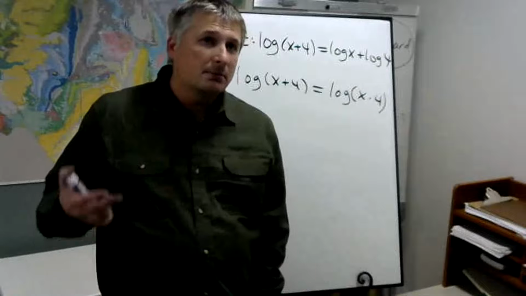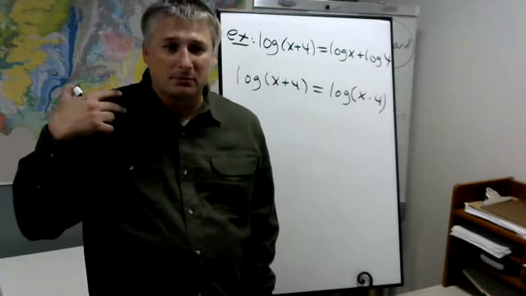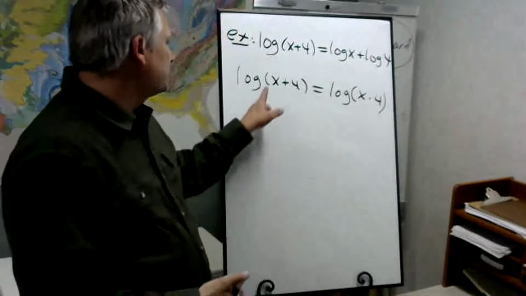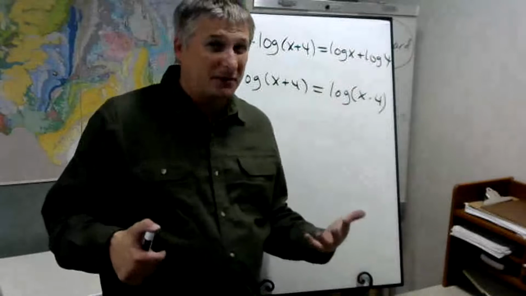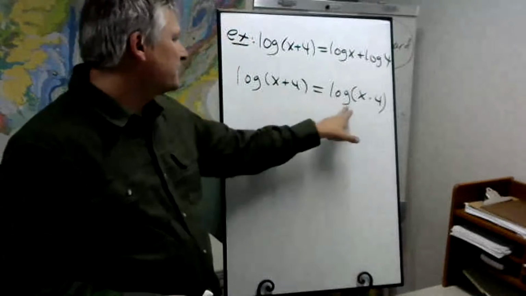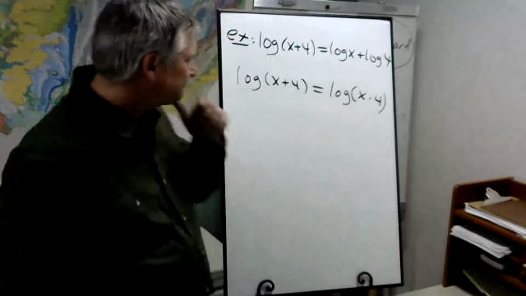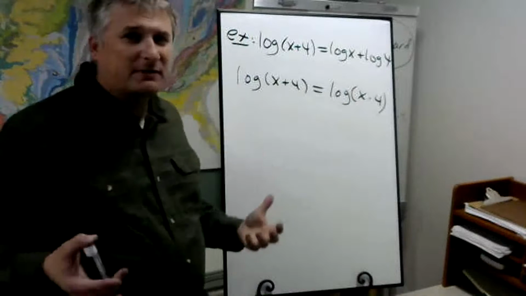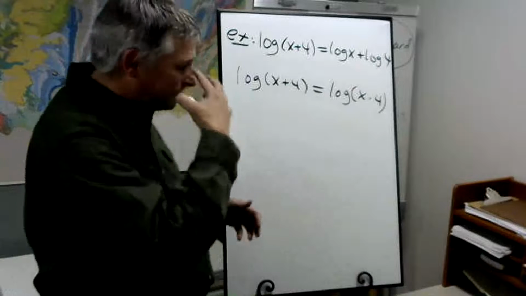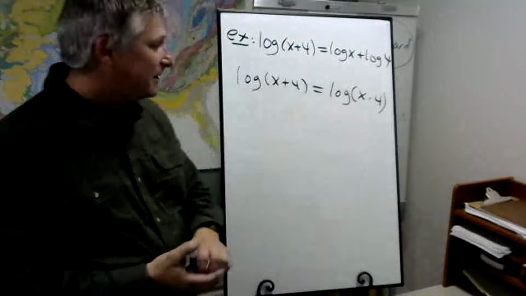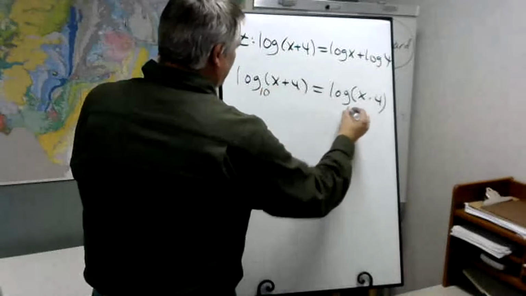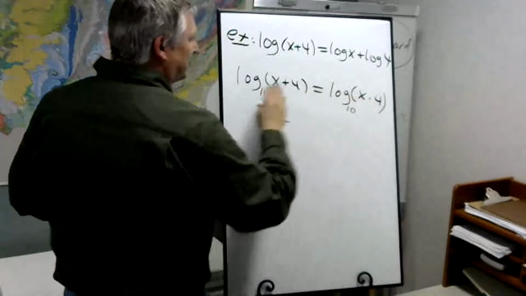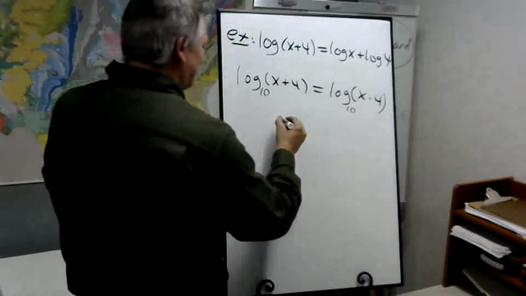Now there are some programs, some software, some computer languages where they'll say, well, it's log base e, like the R programming language for statistics. If you use a log function, it assumes log base e. But on scientific calculators, most scientific calculators, this is going to be base 10. So the bases are going to be the same. So that means what's on the inside will be the same.